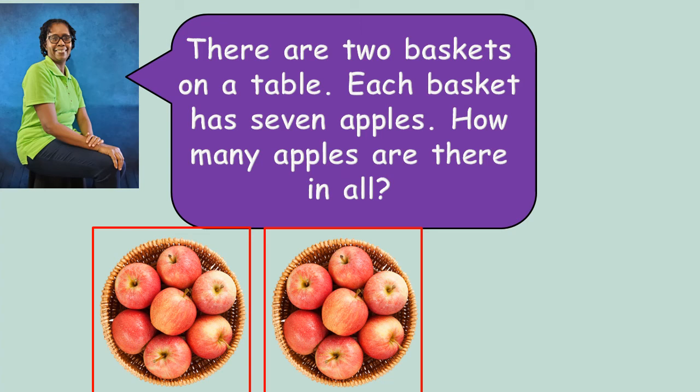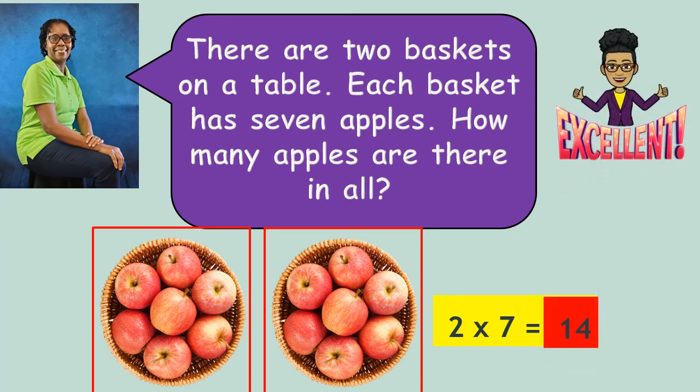So it's 2 times 7. The 2 here represents the amount of sets. And the 7 tells how many are in each set. So 2 7s are what? 2 7s are 14.